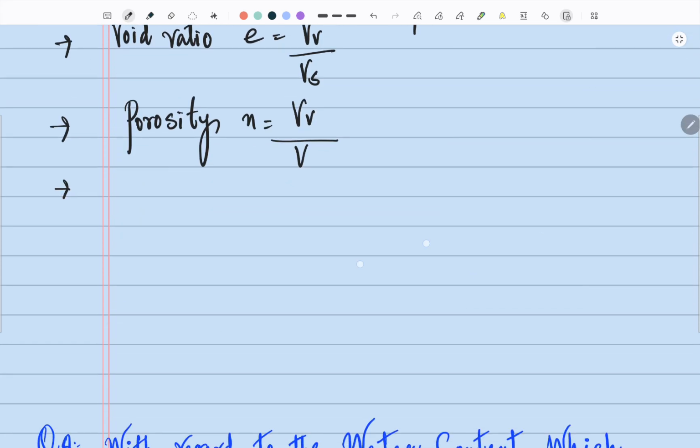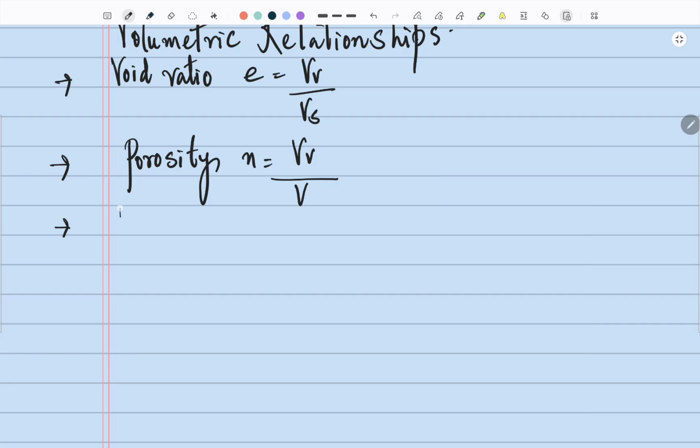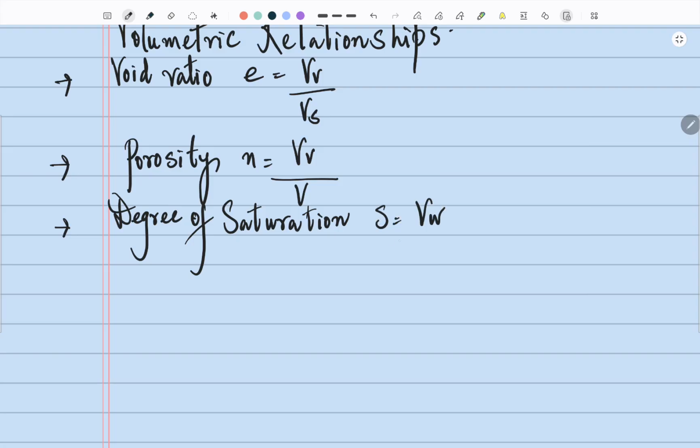Third one we learned, it's degree of saturation, denoted by S, and it's a ratio between volume of water to the volume of voids in a given soil sample.